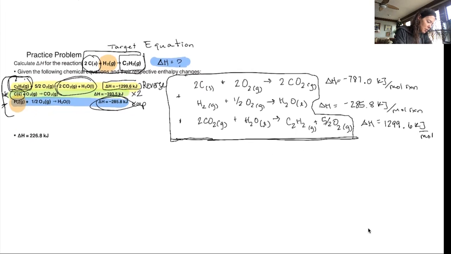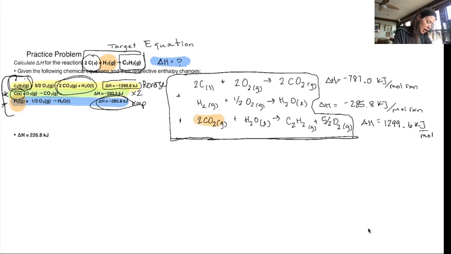But notice right here, I've got 2 carbon dioxides reacting, 2 carbon dioxides produced. So those will be canceled, right? I also see that I've got liquid water, 1 mole and 1 mole. So those will be canceled.